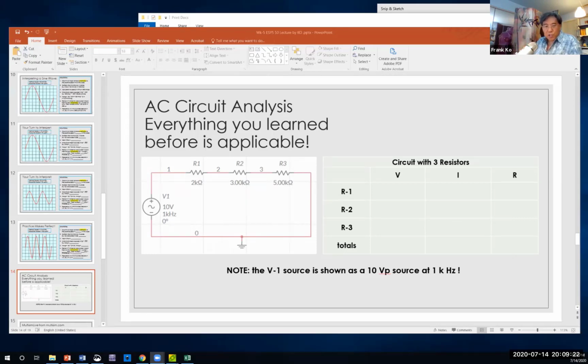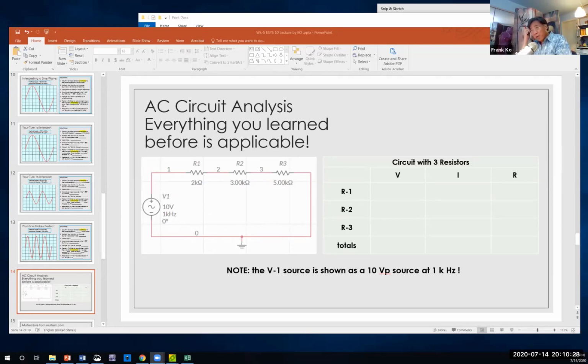What's the very first thing you're going to go for? Question goes to Carlos Navarro. What's the very first calculation you want to go for? Total resistance? Okay, and what do you got for total resistance? 11 kilo ohms?